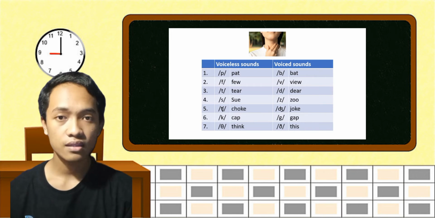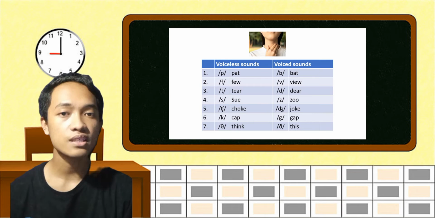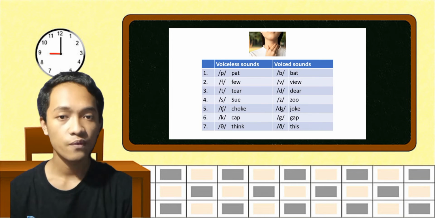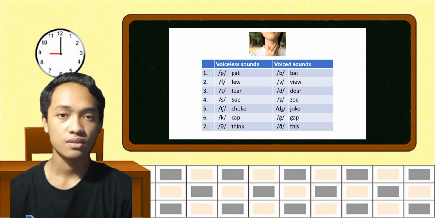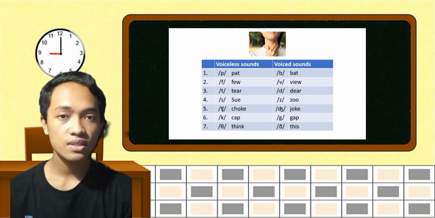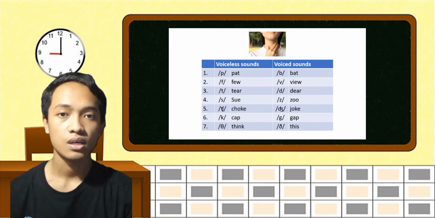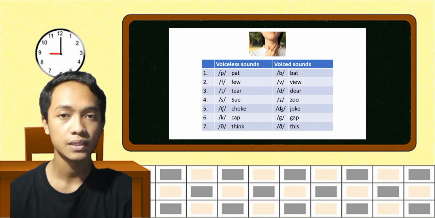How to differentiate between voiced and voiceless sounds? First one, voiced sounds. Voiced sounds are sounds that involve vocal fold vibrations when they are produced. Examples of voiced sounds are b, d, v, and m.